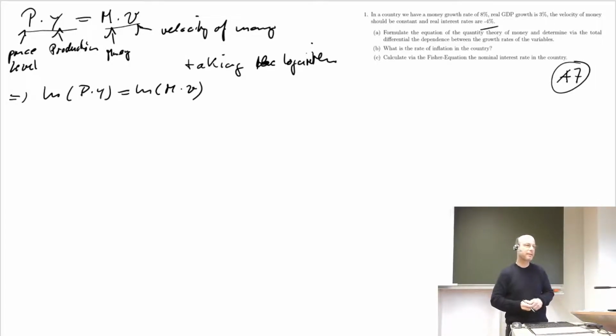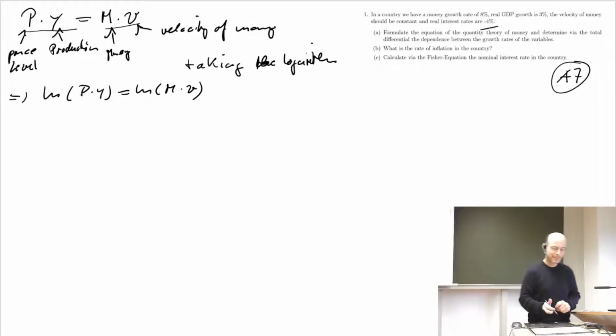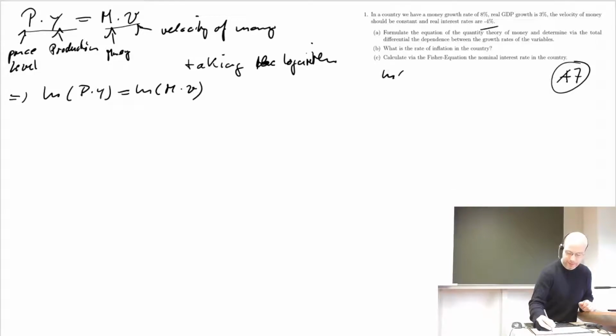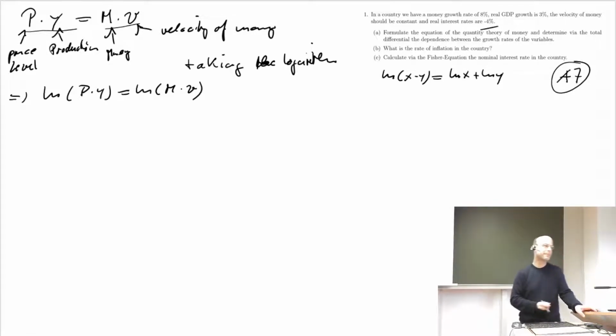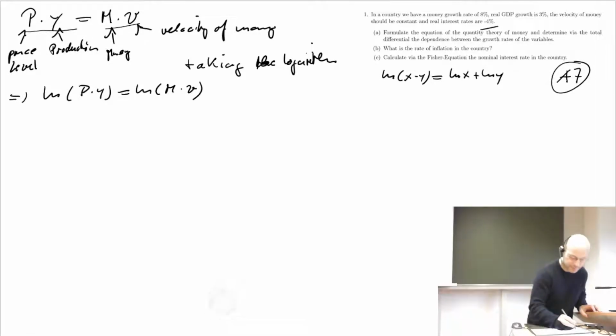And this has the nice property that the complicated multiplication sign splits into a plus sign. So ln of x times y is ln x plus ln y. So we have ln p plus ln y equals ln m plus ln v.